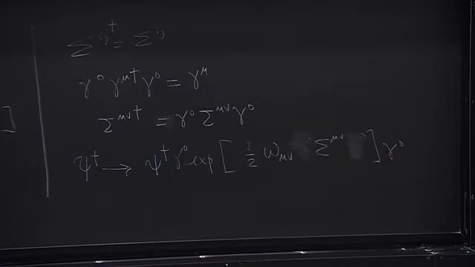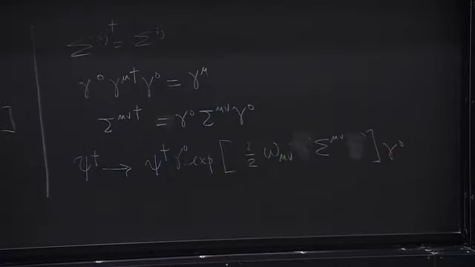If you look at that last equation, you see that if you define a conjugate spinor by multiplying psi dagger by gamma 0 on the right, then psi bar transforms in the following way.